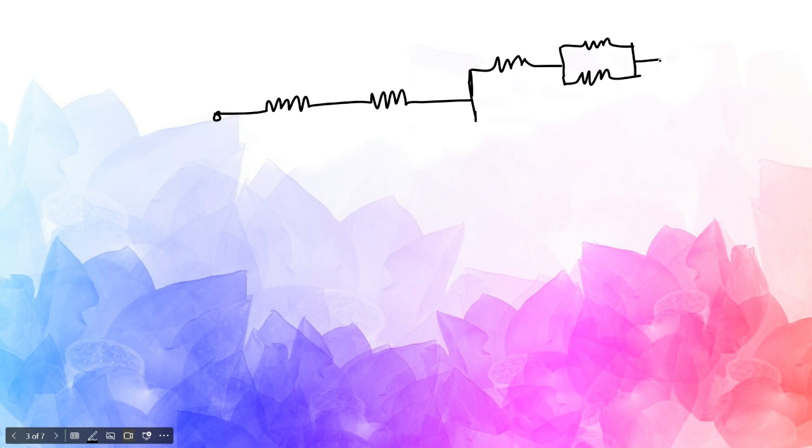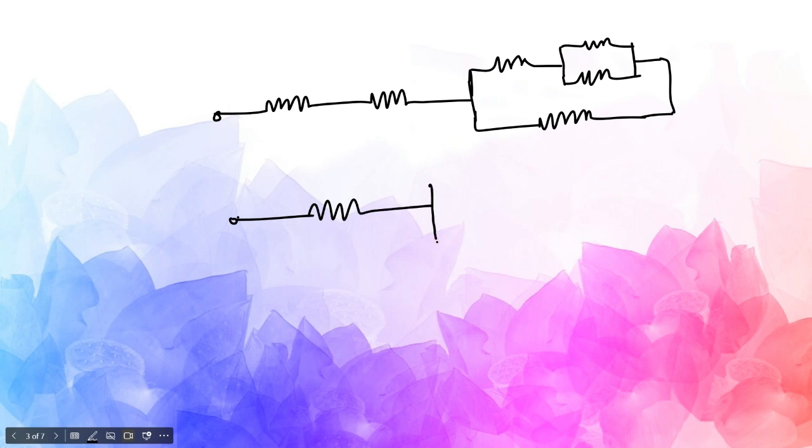Then it has come like this, and there is one more resistance in parallel, and let's say there is a resistance in parallel here also, and it is like this again.